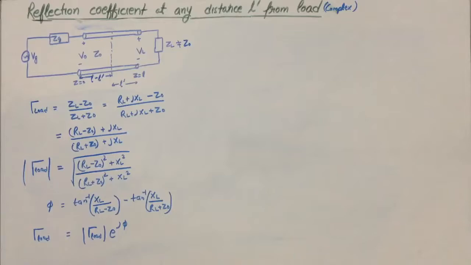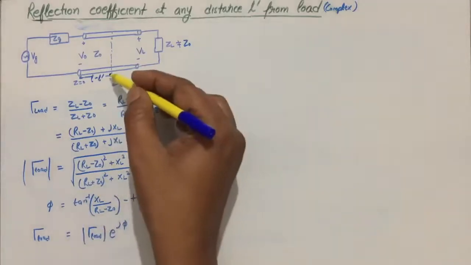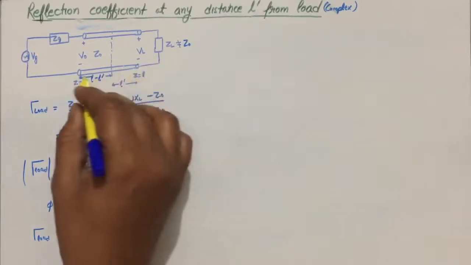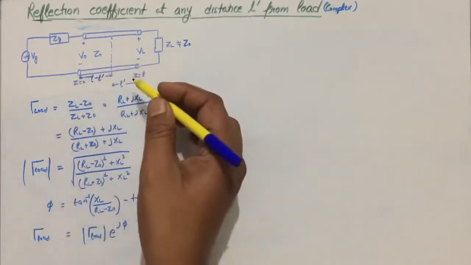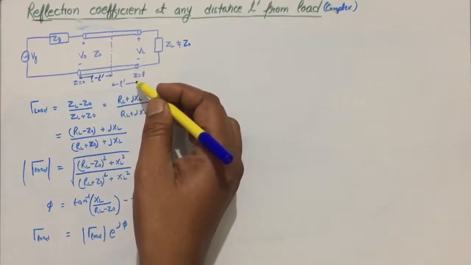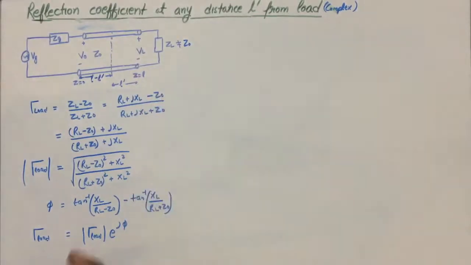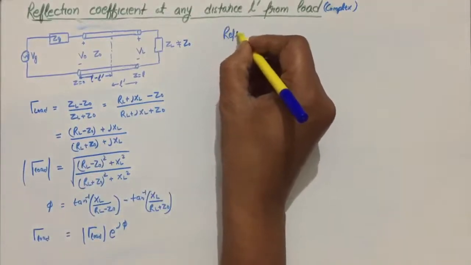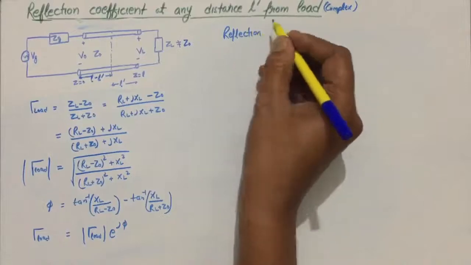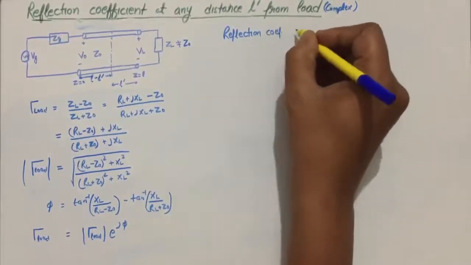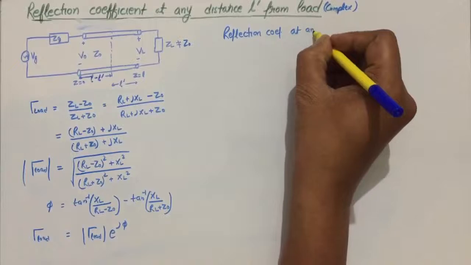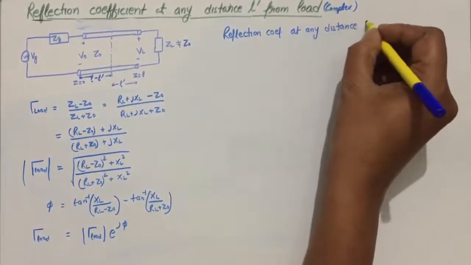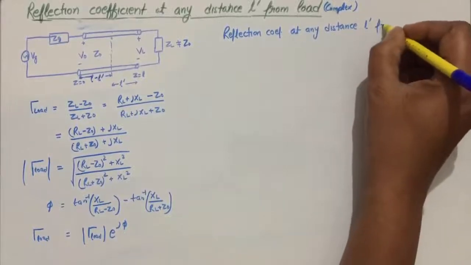Now if we wish to find the reflection coefficient at any particular length in between the length of the line, for example at length L dash from the load side, as we have done in the previous case, so let us write the reflection coefficient at any distance L dash from the load.